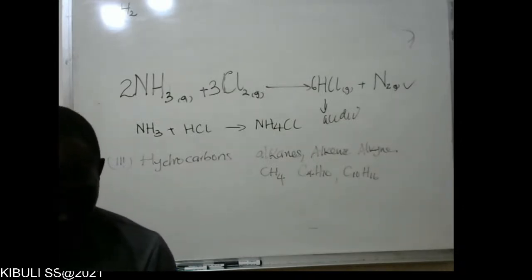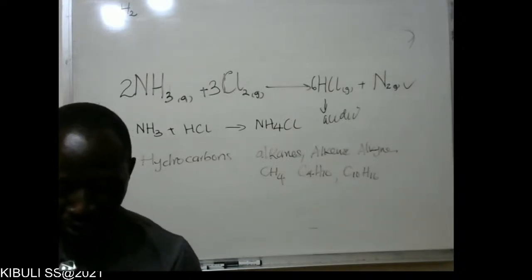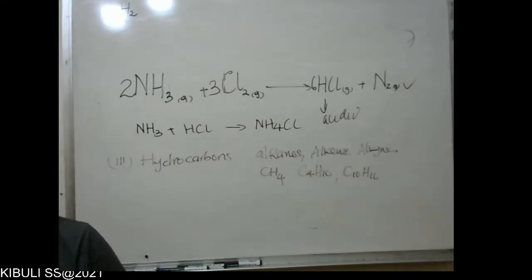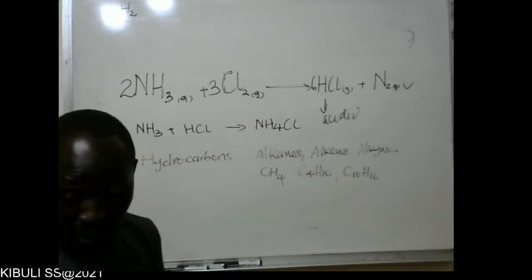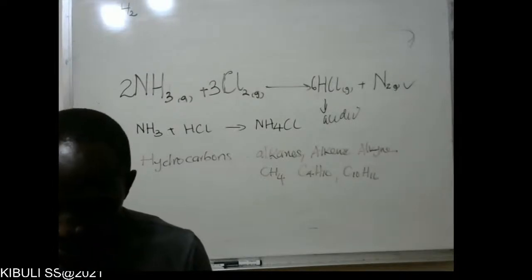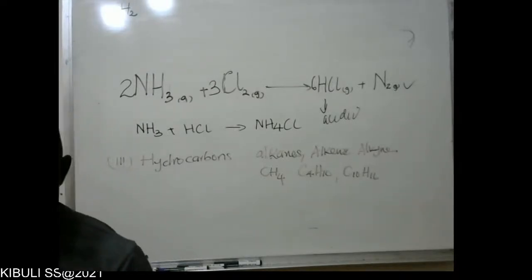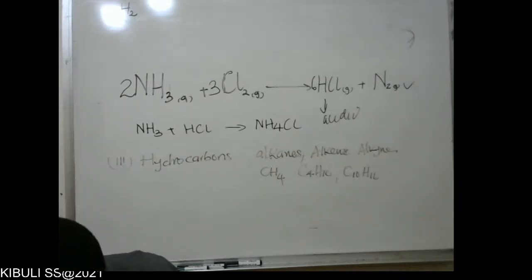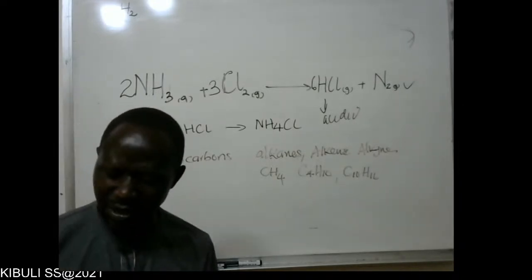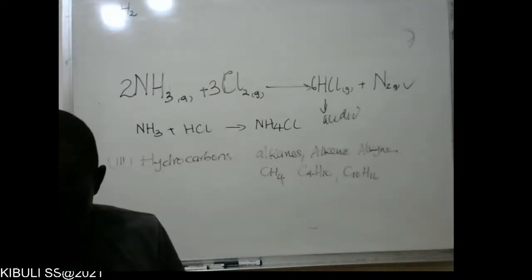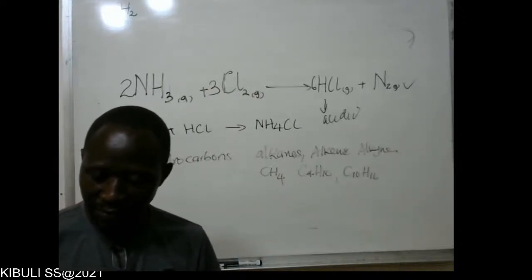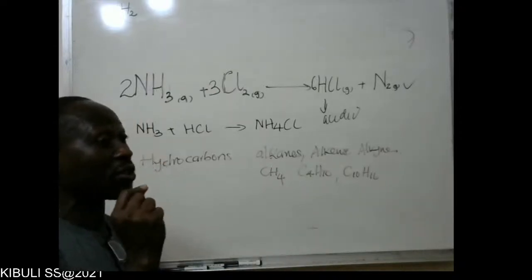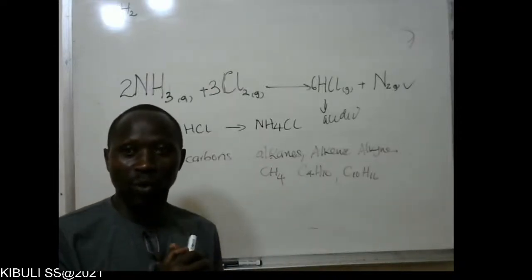Kayondo, dear Kayondo, you are asking, what is the difference? I'm asking the question on his behalf so that everybody can hear. What is the difference between hydrochloric acid and hydrogen chloride? Hydrochloric acid's physical state is aqueous, dissolved in water.